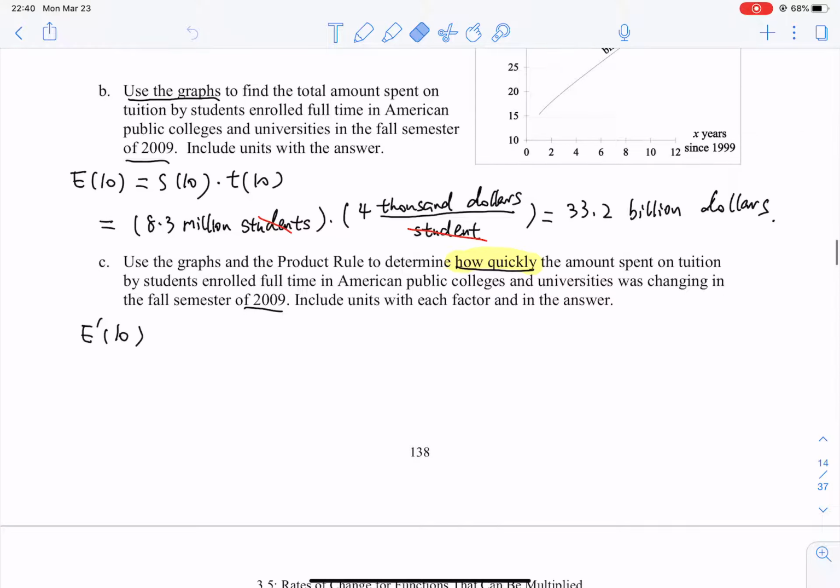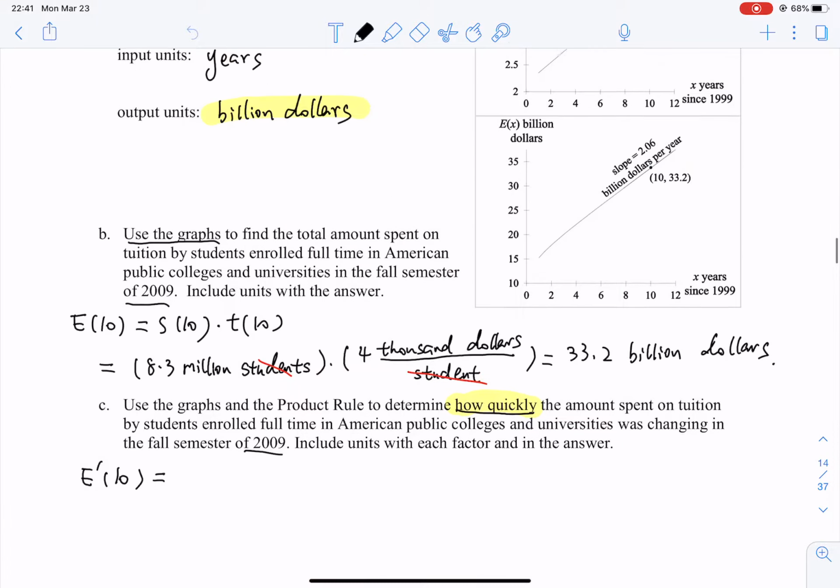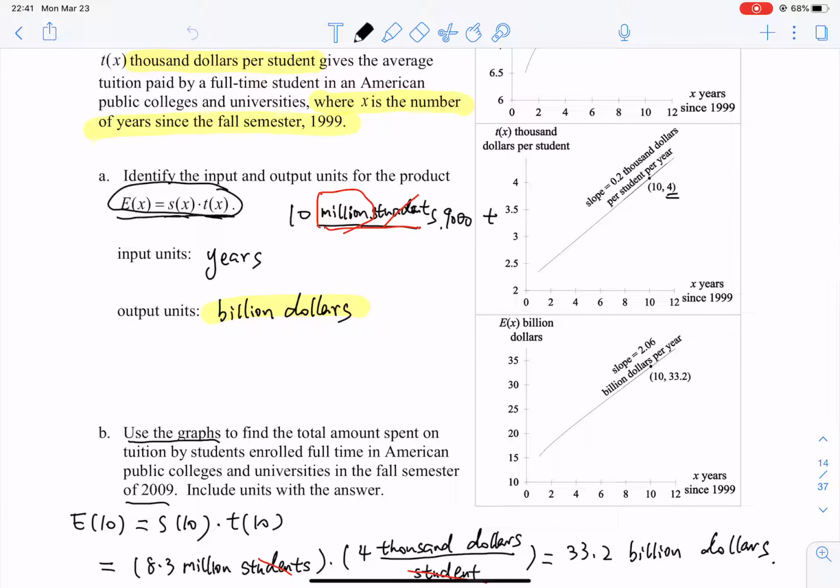We use the same trick. Because we know E of x equals this, E prime of x just equals S prime of x multiplied by T of x plus S of x multiplied by T prime of x.